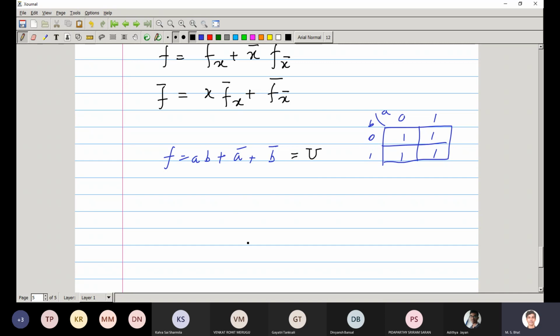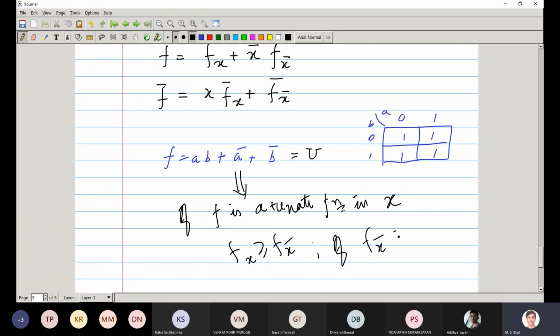Now you extend this. Suppose f is a positive unate function in x, then I know that fx contains fx bar.